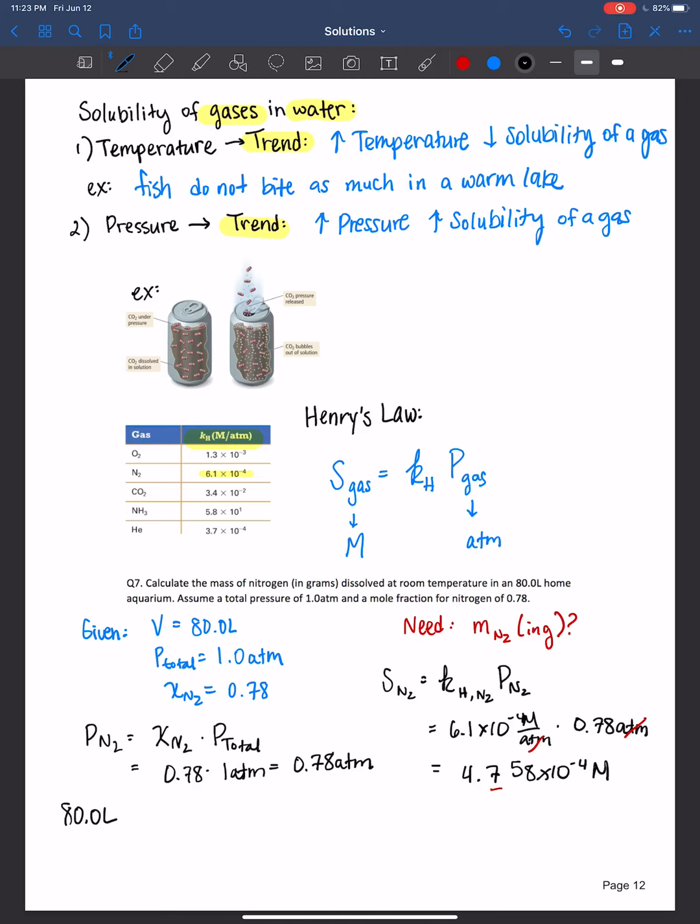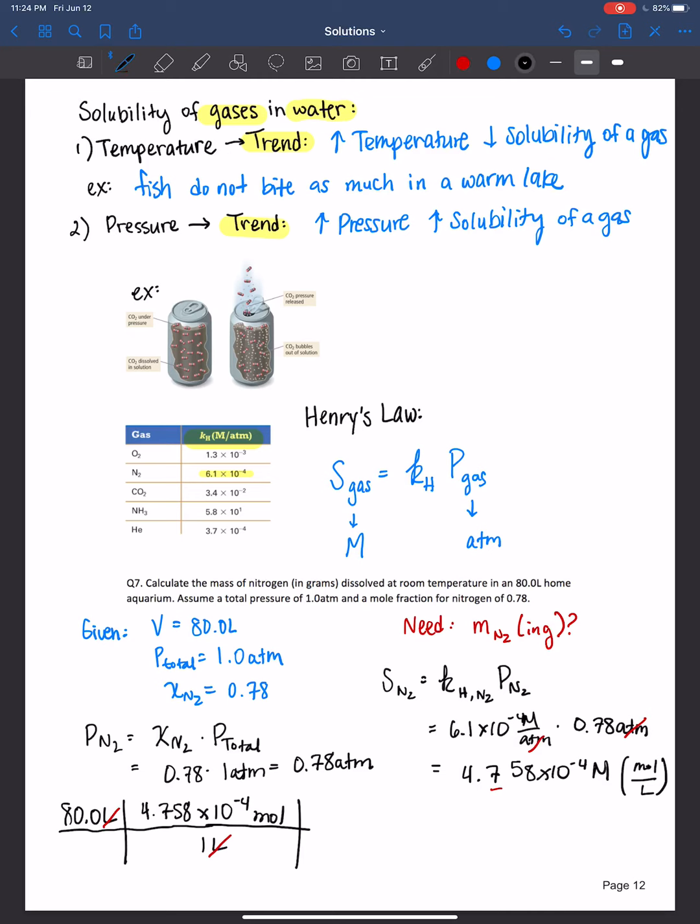We have an 80-liter tank. We figured out the solubility, the concentration of that gas, is 4.758 times 10 to the negative fourth moles per liter. I'm converting molarity into moles per liter so I can use it as a conversion factor, because you all know I love to cancel out units. It's very satisfying. So now I am in moles.